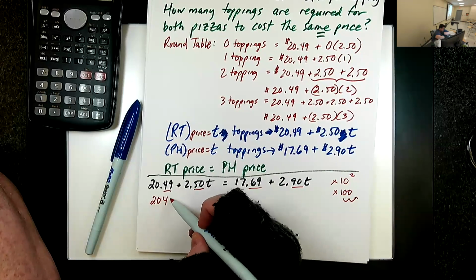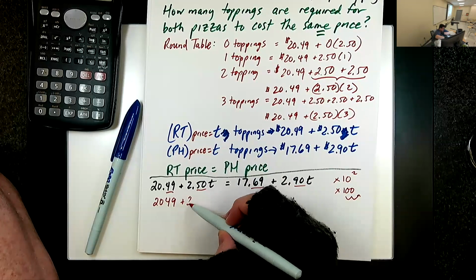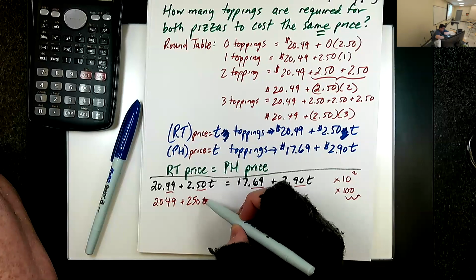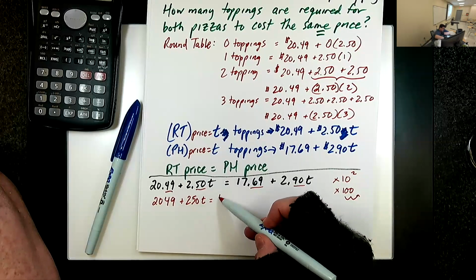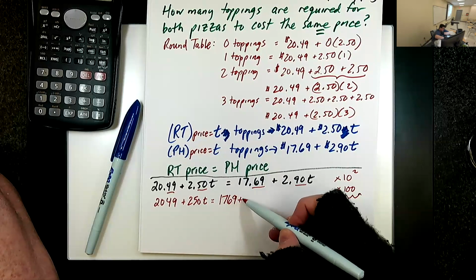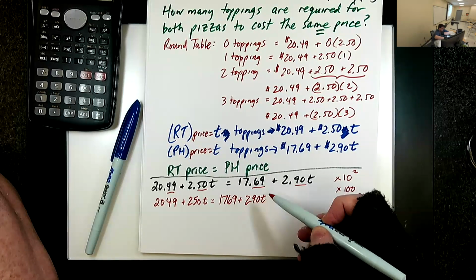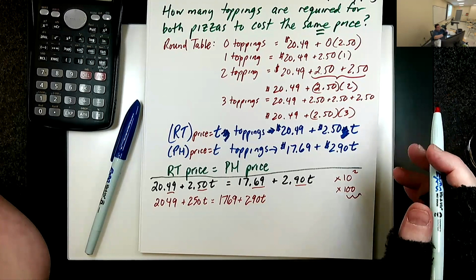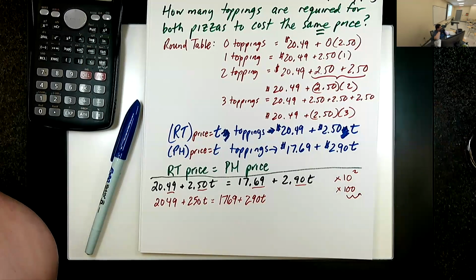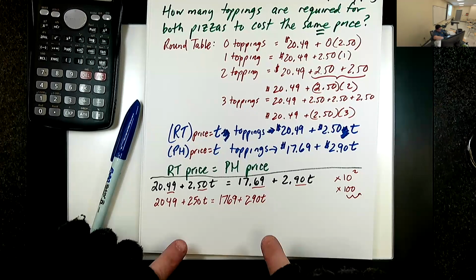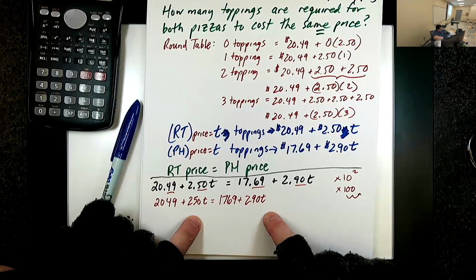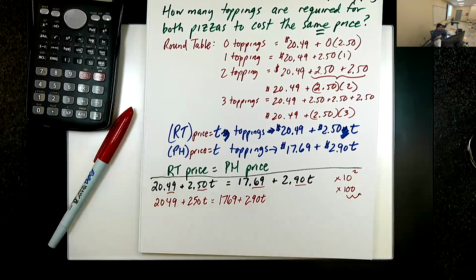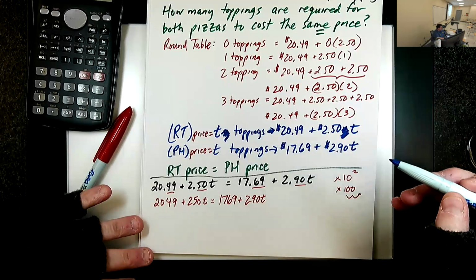That makes this 2049 plus 250t equals 1769 plus 290t. Then, t is our variable, but we got t on both sides. So we want to put the t's together. I find it easier to move the smaller t.